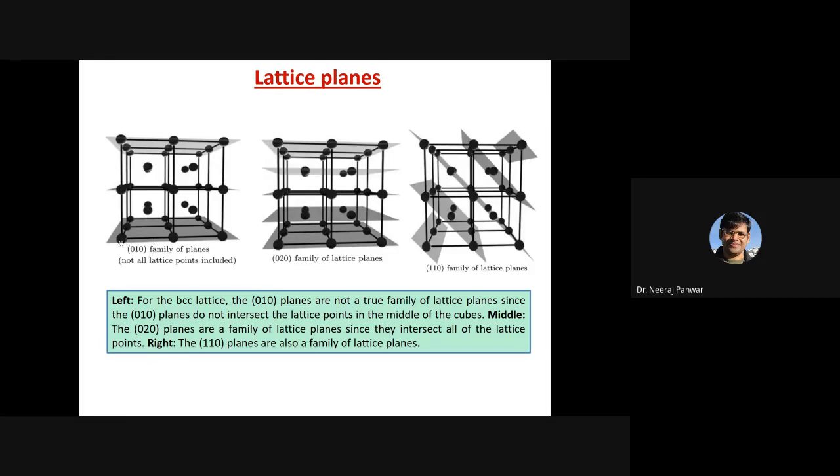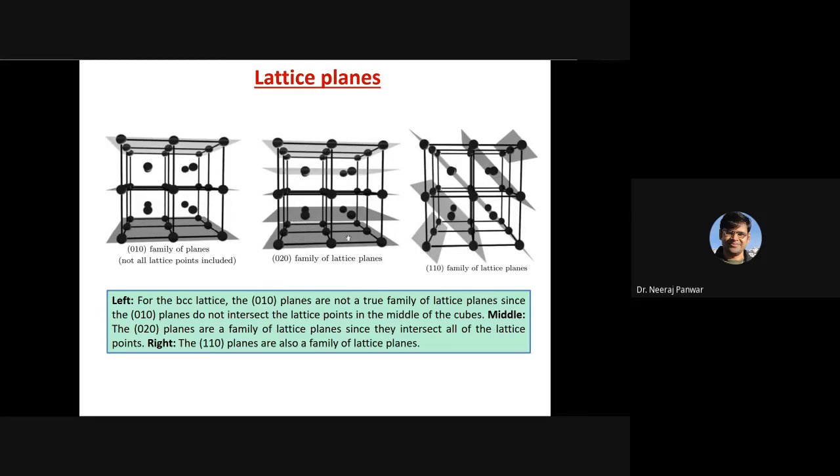So 0, 1, 0 represents a family of planes. And you see here, if we have this 0, 1, 0 family of planes, then not all the lattice points are included. For example, this would be 0, 1, 0, this would be 0, 1, 0, but the atoms at the center of the unit cell are not covered by these lattice planes. So these are not very important families of planes. But if we consider the 0, 0, 2 family of lattice planes, it can cover all the lattice points.